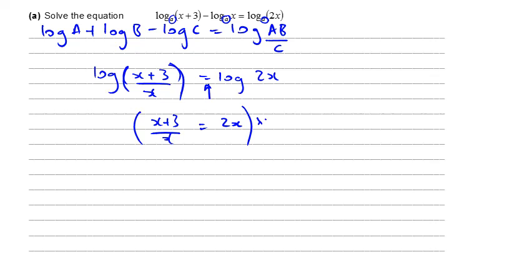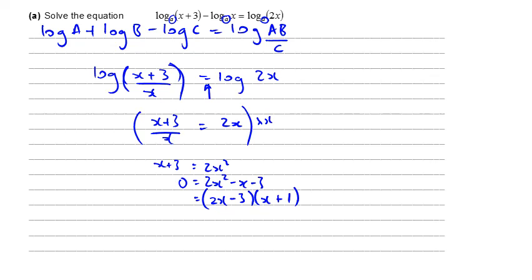Times everything by x, and so you get x plus 3 equals 2x squared. That's a quadratic, so you make it equal 0. Alright, and that there factorizes to be 2 lots of 2x, x, 3, 1.